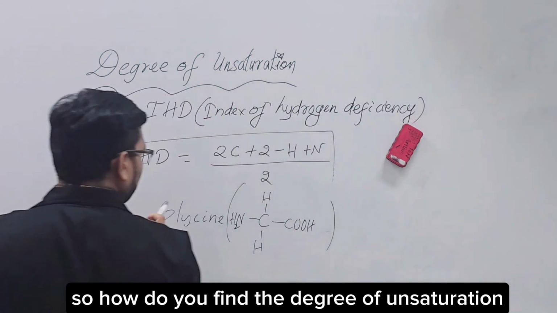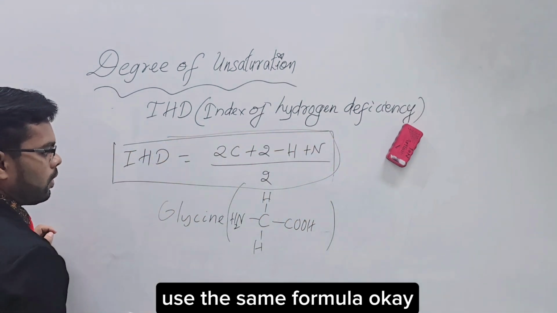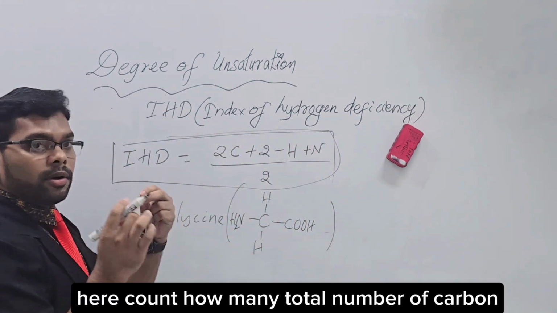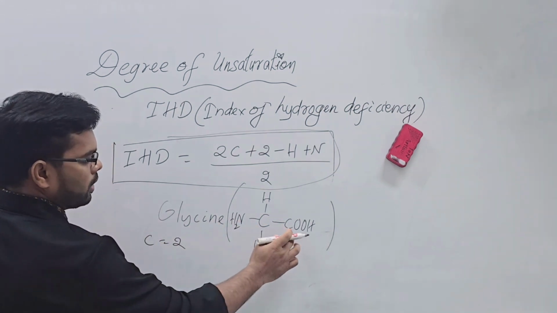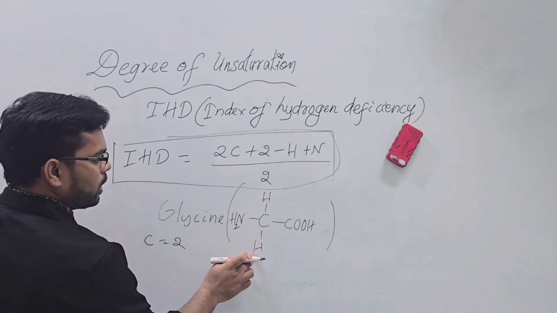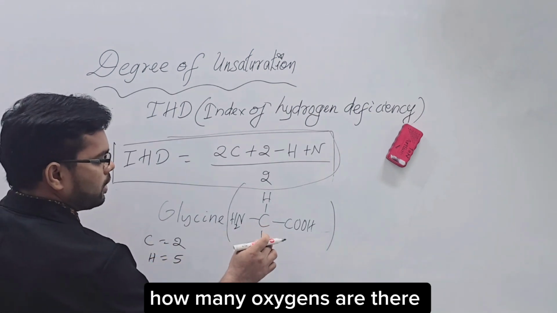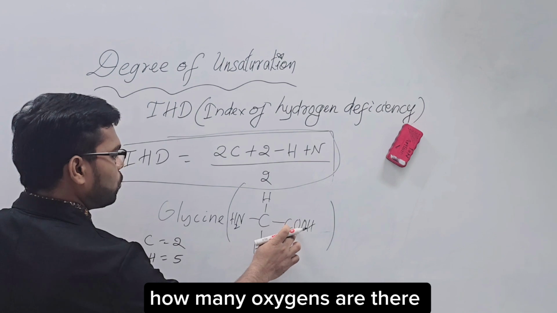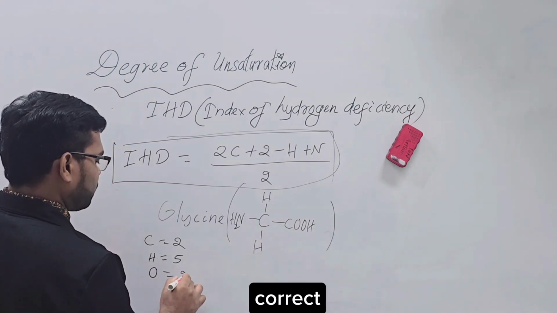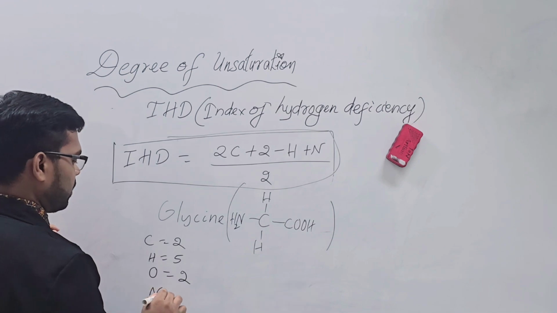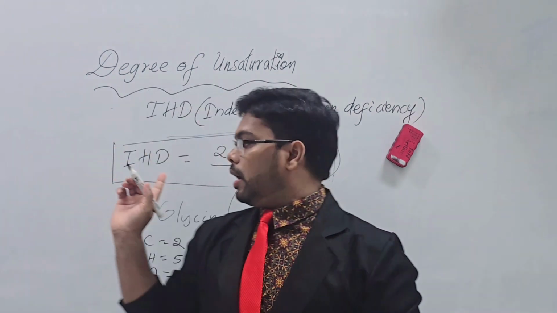Okay, so how do you find the degree of unsaturation? Use the same formula. Here count the total number of carbons. 1, 2, carbon number is 2. How many hydrogens? 1, 2, 3, 5. Hydrogen number is 5. How many oxygens are there? 1, 2. 2, right? How many nitrogens? Nitrogen is 1.